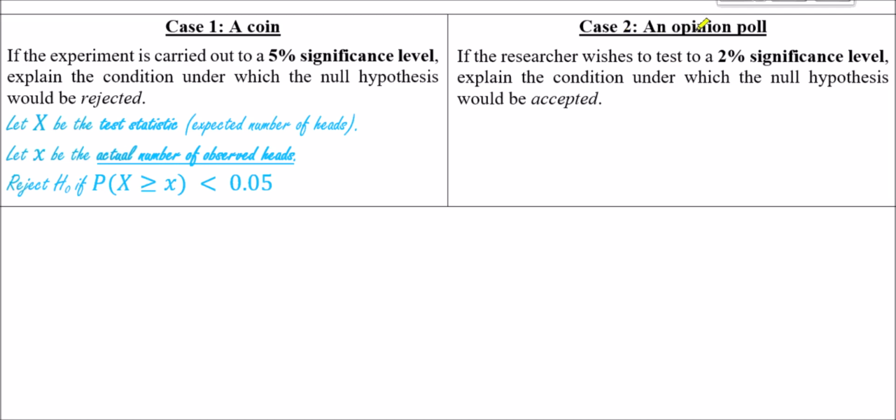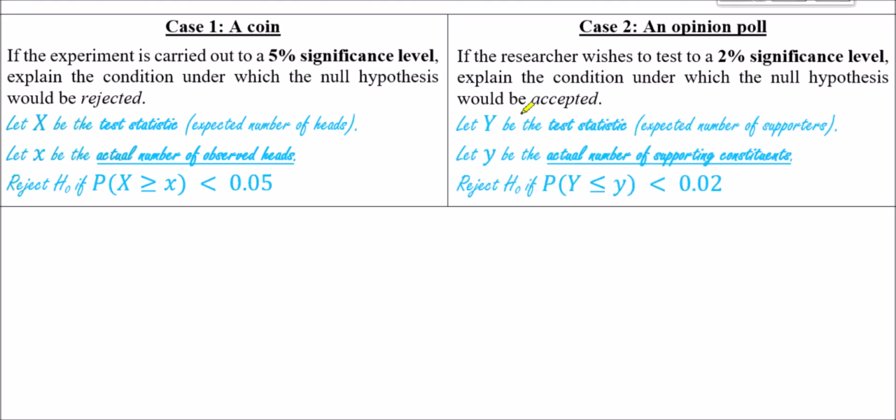For case 2, this opinion poll, if we tested at 2% significance, we'd reject the null hypothesis if the chance of this candidate having that many people supporting her or less was less than a 2% chance.